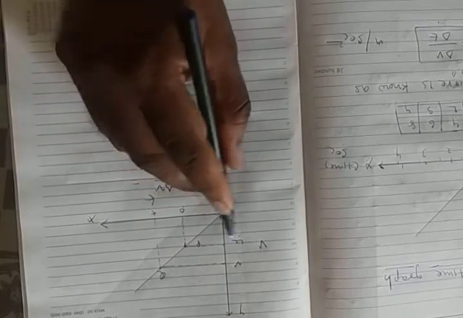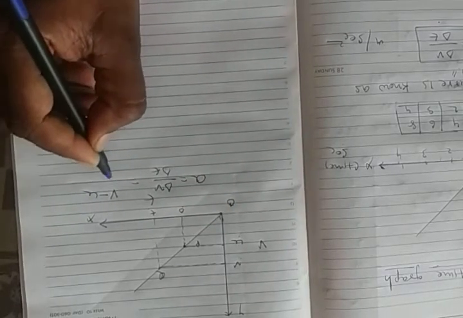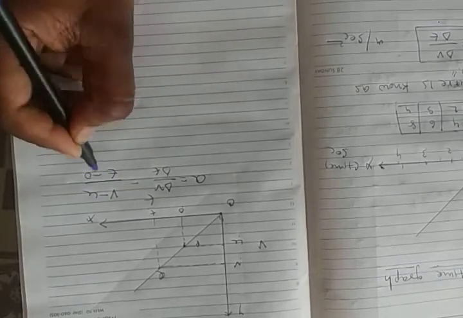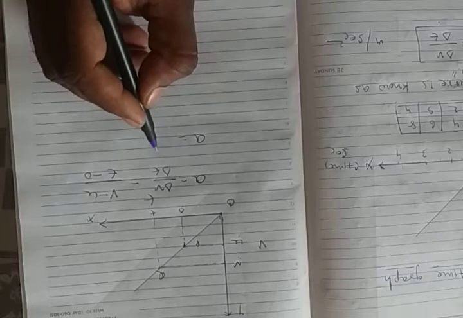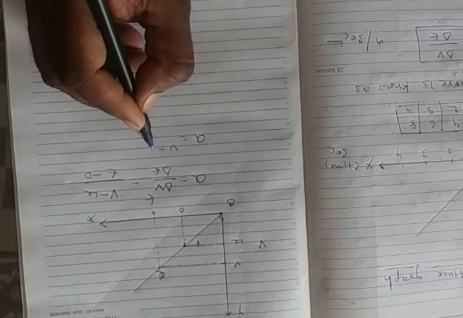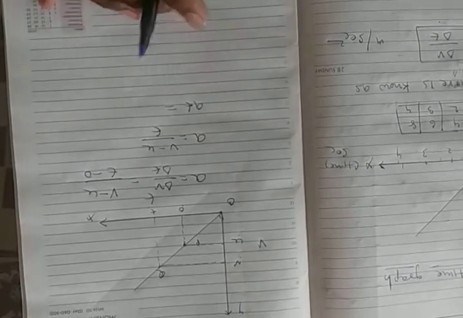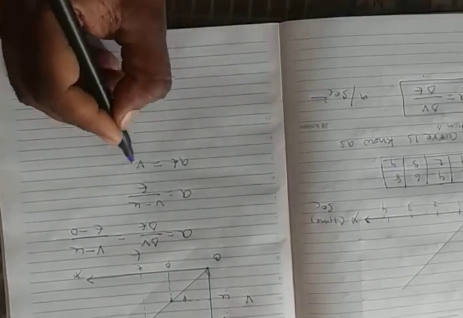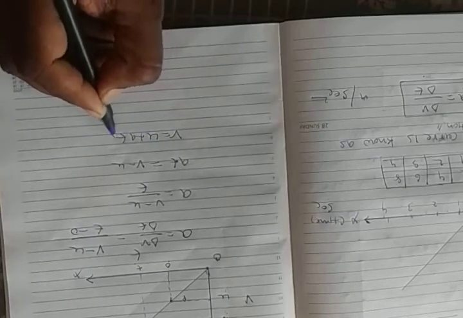Means final velocity v minus u upon t minus 0. Means a is equal to v minus u upon t. Means at is equal to v minus u. So v is equal to u plus at.